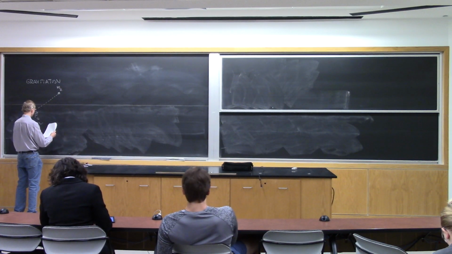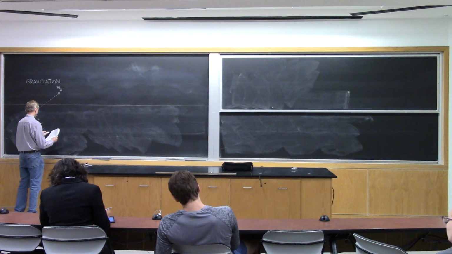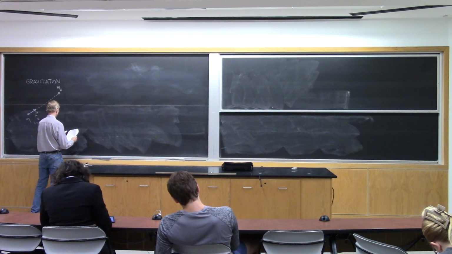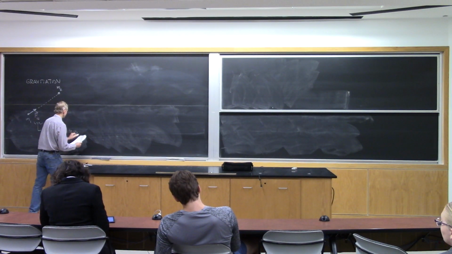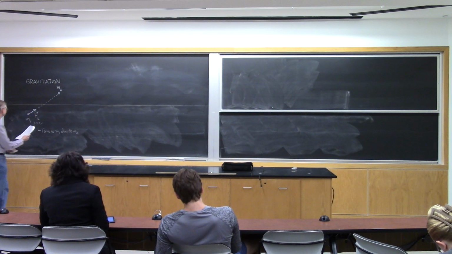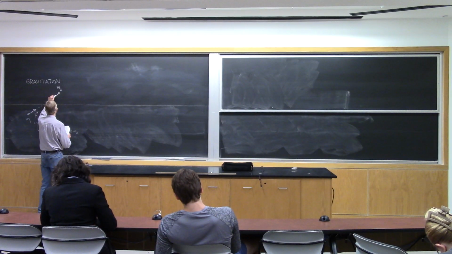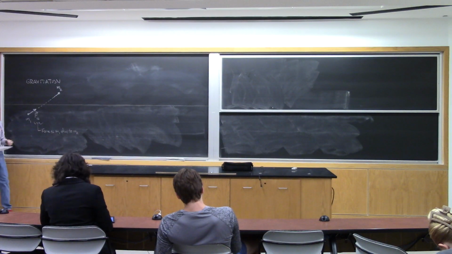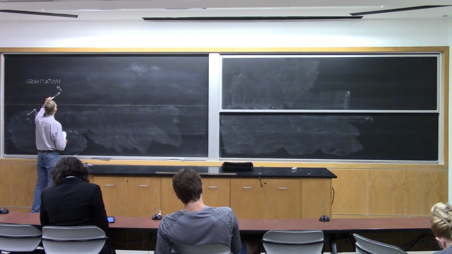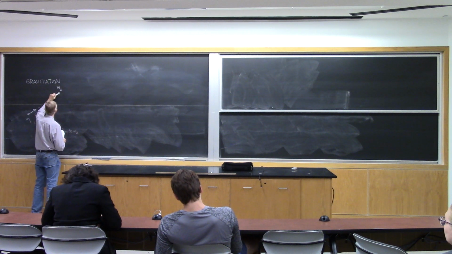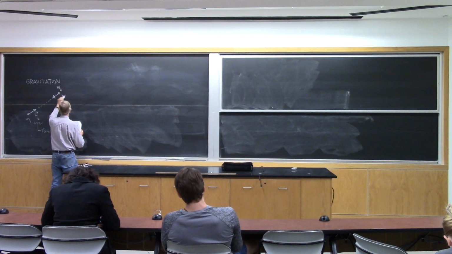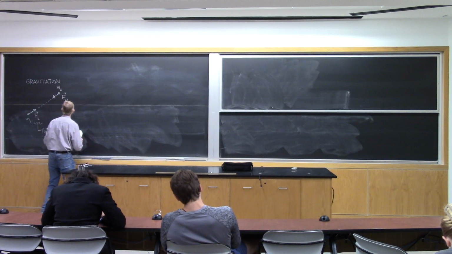So that's the force on M1 due to M2. Notice I've got it pointing towards M2 because they're attracting one another gravitationally. Then we draw an equal and opposite arrow to represent the force exerted by 1 on 2.